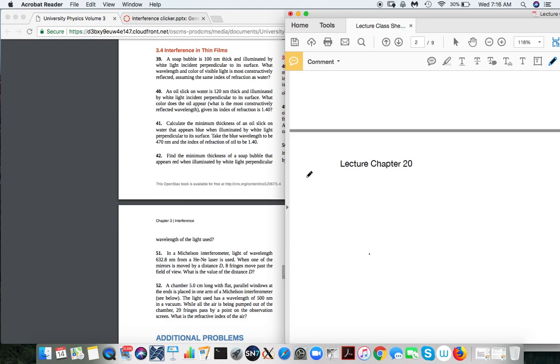40. An oil slick on water. So now we have oil. Oil has an index of refraction 1.4.